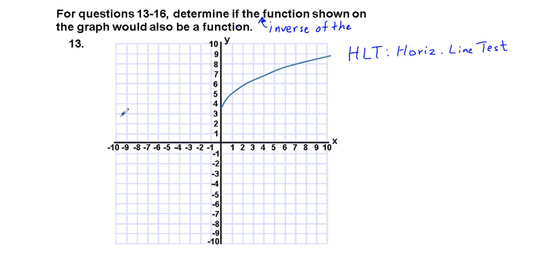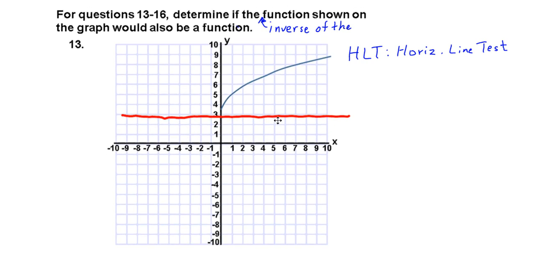I'm sure you've heard of the vertical line test if you've been in algebra. The horizontal line test is a test to check this. This red one here is a horizontal line, and what you can do with this is move it. I meant to move the red one. Here we go.